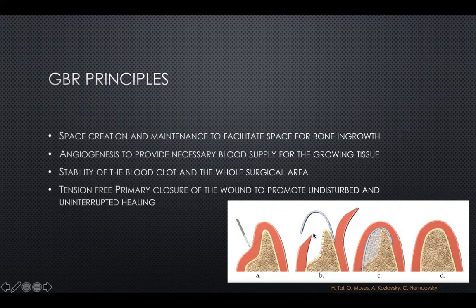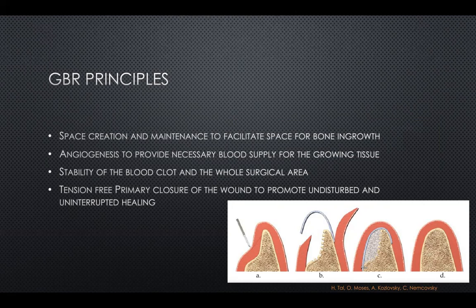And this space is created by the use of a membrane and also by use of bone graft particles or bone graft material that is a little bit resistant to pressure, and it can keep the space. The second thing is angiogenesis. So we have blood supply.